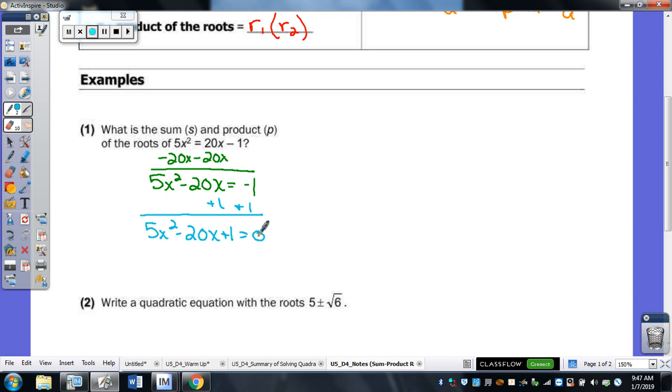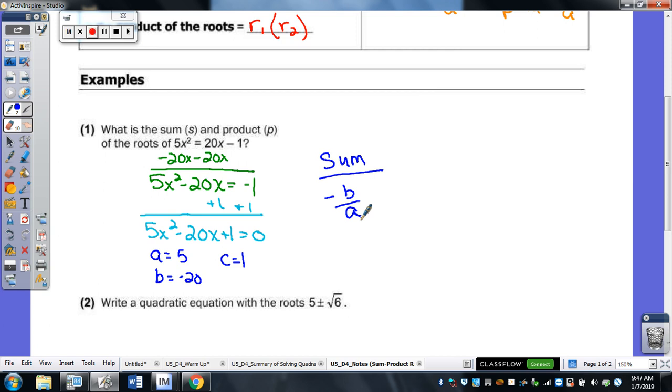Standard form. So kind of like when we're doing our quadratic formula, we want to identify what our a, b, and c terms are. So a is a 5, b would be negative 20, and c would be a 1. So to figure out the sum of the roots, because we have the equation, we would want to use the little formula up above, negative b over a.